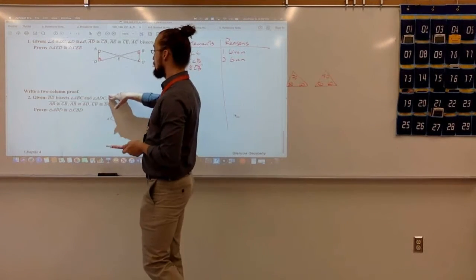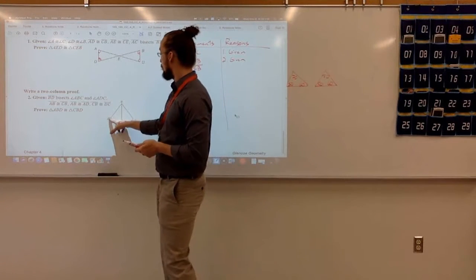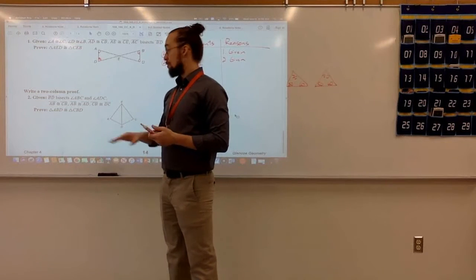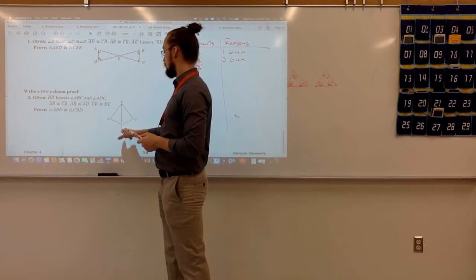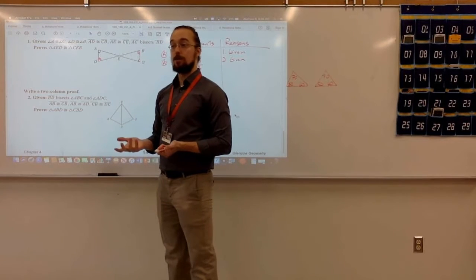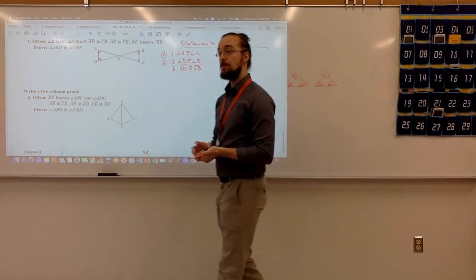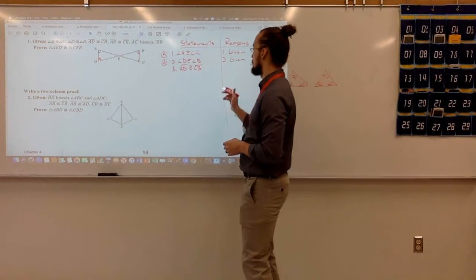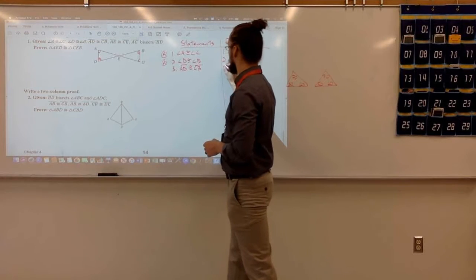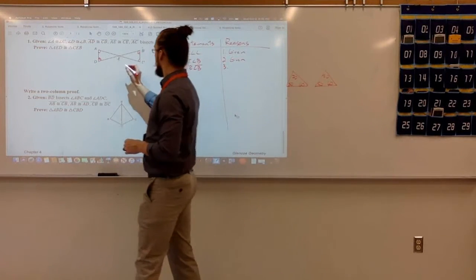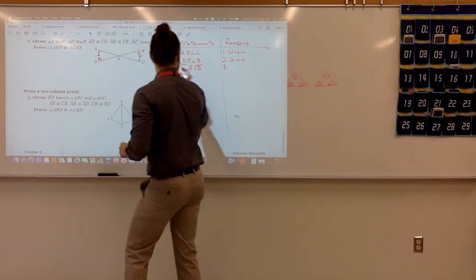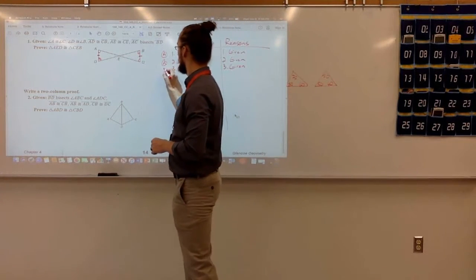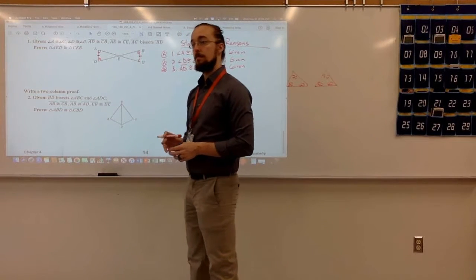Yeah, the only thing it gives us is BD bisects both angle ABC and angle ABC. So from that, I can claim these are congruent and these are congruent by definition of angle bisector.